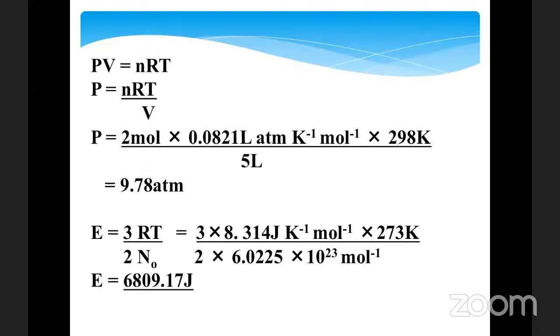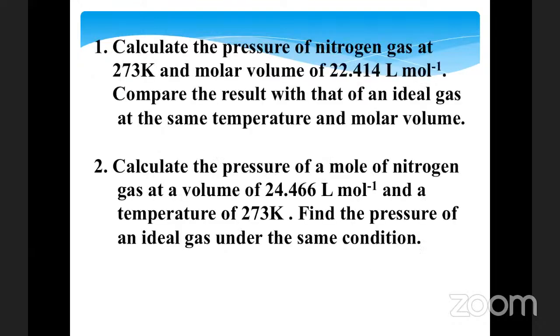Now, these are some examples you can try out on your own. Calculate the pressure of nitrogen gas at 273 Kelvin and molar volume of 22.414 liter per mole. Compare the results with that of an ideal gas at the same temperature and molar volume. So in this case, you are going to solve using van der Waals equation.